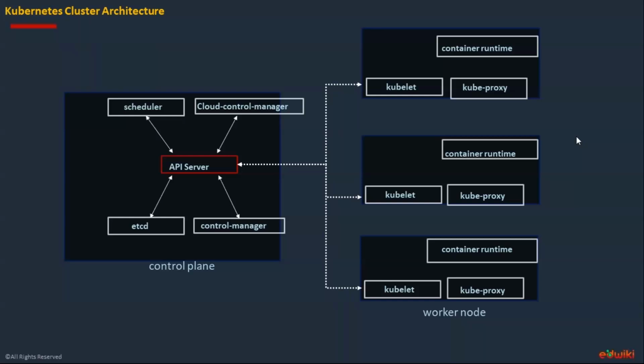That's how the scheduler gives that report to the API server. Then based on that information, the API server goes and talks to that particular worker node, informing, hey, please create this container. That will be taken by the kubelet. Kubelet will go and talk to the container runtime. The container runtime will go and create a container for you on that particular worker node.